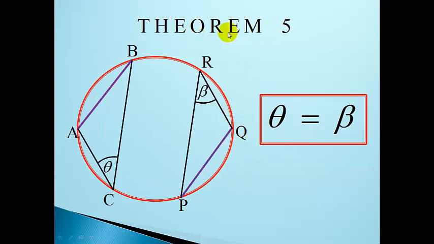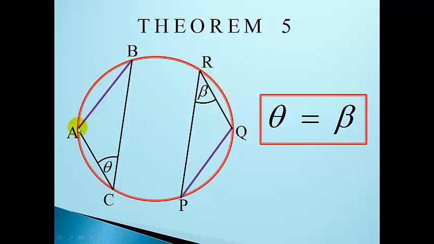Now let's consider theorem 5. AB is a chord, and the chord AB sustains an angle of theta at the point C. PQ is also a chord, and the chord PQ sustains an angle of beta at the point R on the circumference.